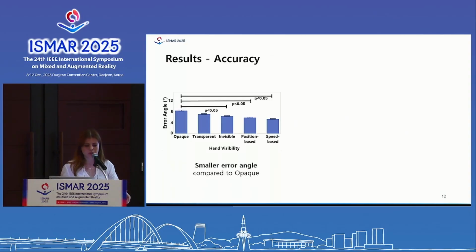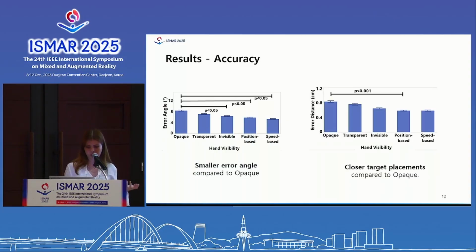And in terms of accuracy, here we only recorded during the inserting subtask, and it shows how accurately participants placed the screw compared to the highlighted target area. Again, invisible, position-based, and speed-based resulted in smaller error angles, which shows better accuracy compared to opaque.